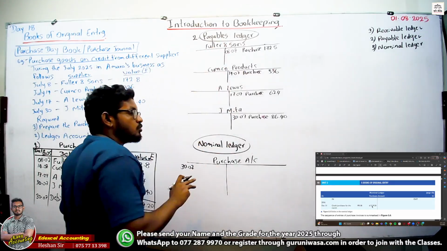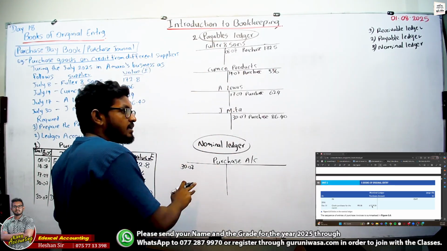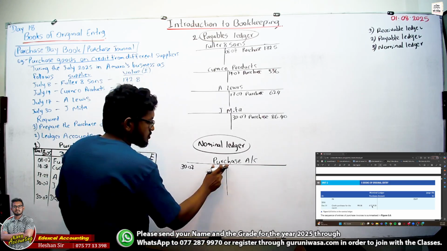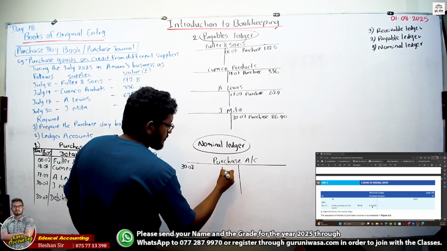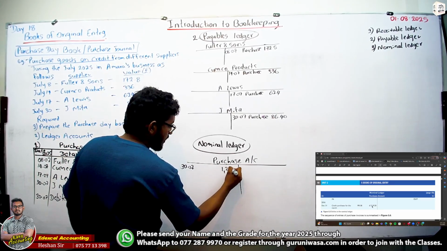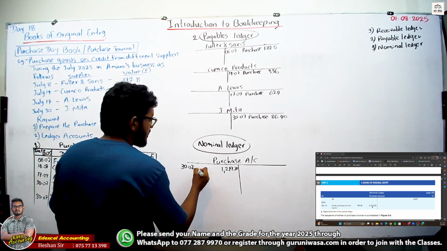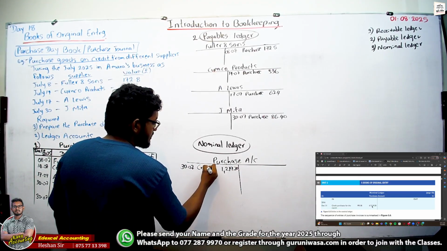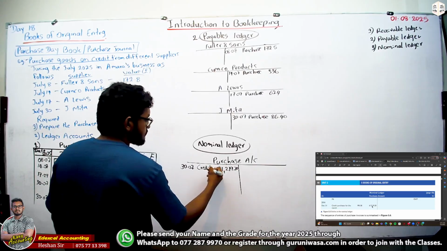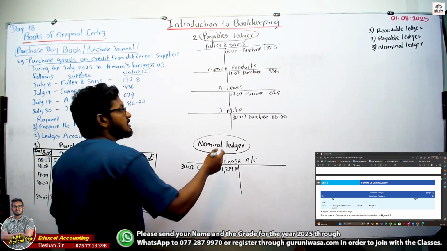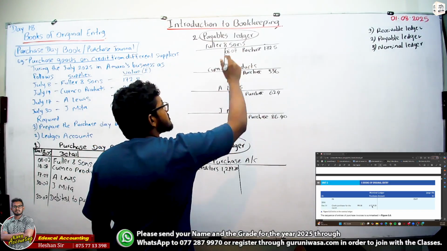I told you there can be one debit entry and many credit entries, but the total should be tallied. So we wrote the total, 121920. In here we write it as creditors. Why? You can see purchase account debit, relevant creditors or the trade payables account credit.